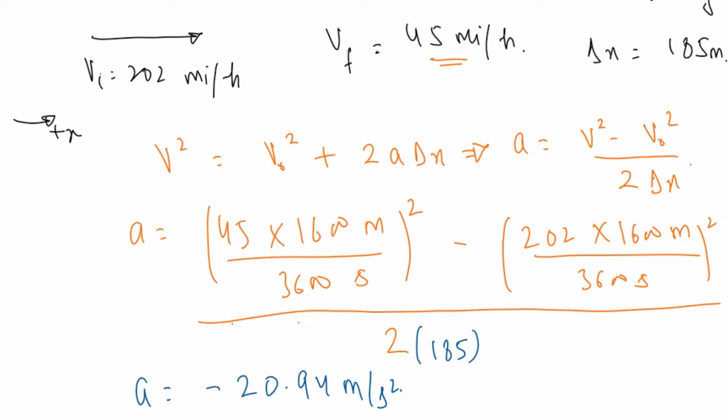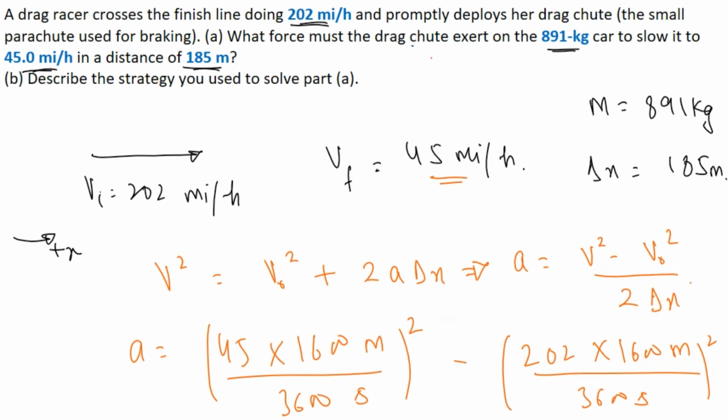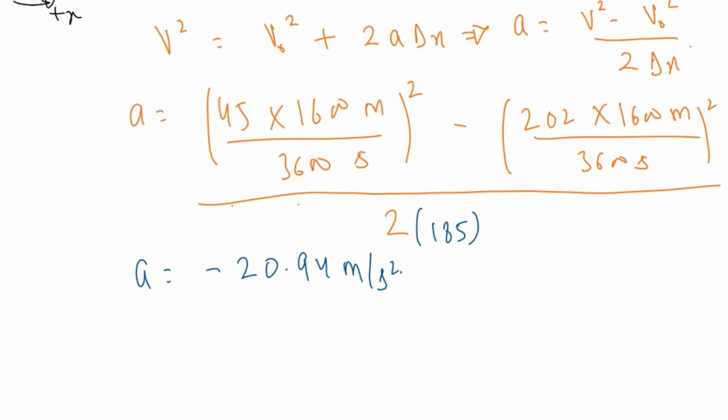Now we can easily find the force. The drag force will be in the opposite direction. In this direction will be the drag force F, right? So this is equal to mass times acceleration by Newton's second law of motion.